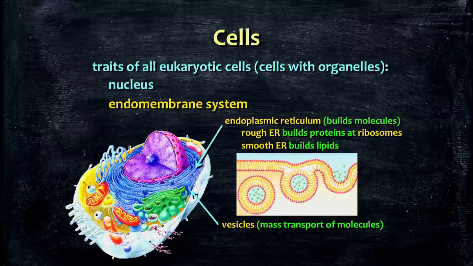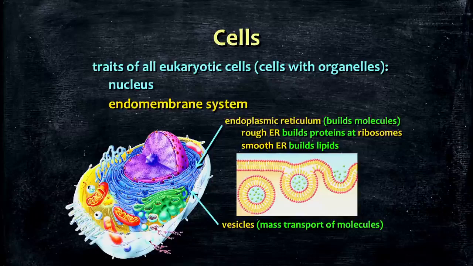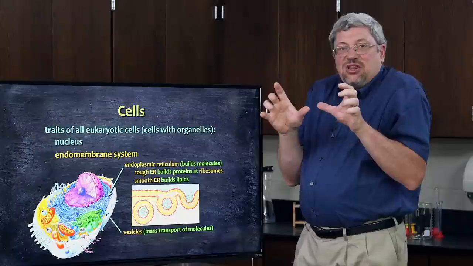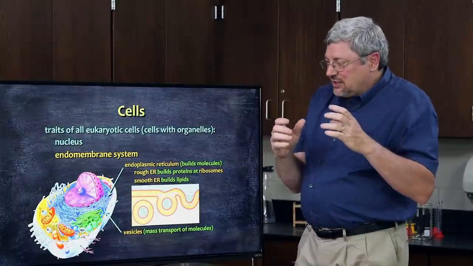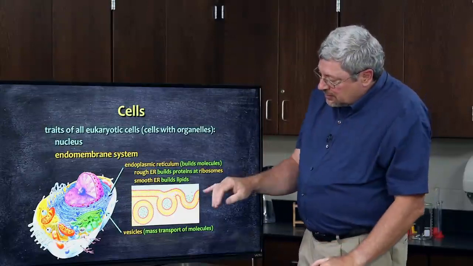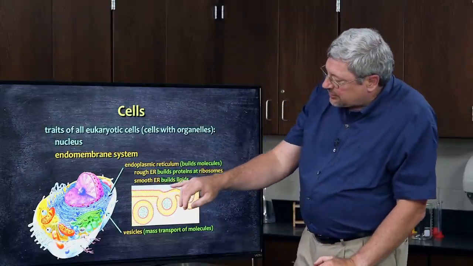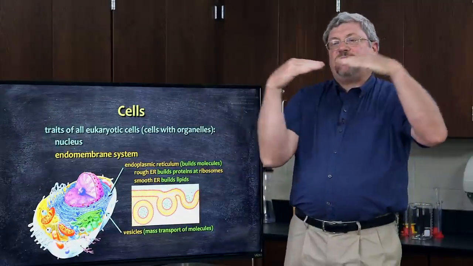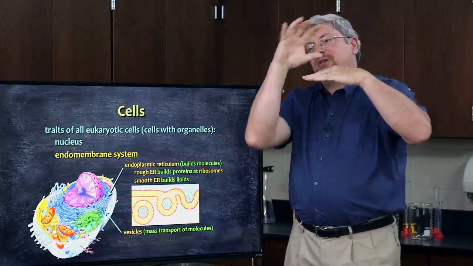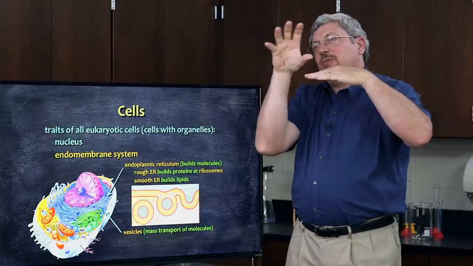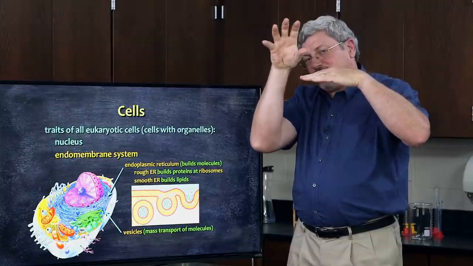Say when you get out to the edge of the ER, you're now stuck inside the big bag of the ER, and you need to get out. So let's say you've got the membrane of the ER, and the molecules that you want to take out of the ER.